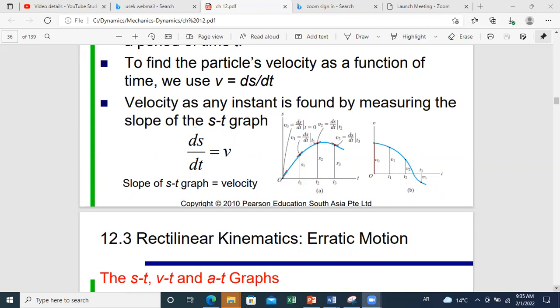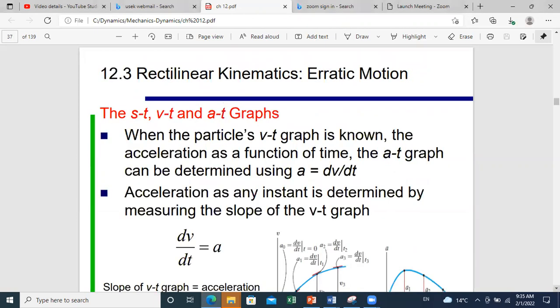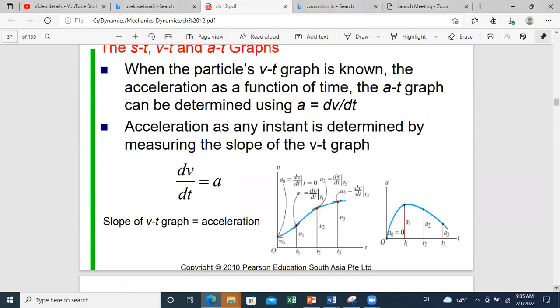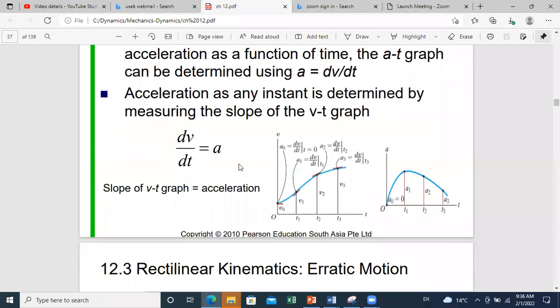Now, I can do the same between velocity and acceleration, because acceleration is also a derivative of velocity with respect to time. So if I have v as a function of t, I can deduce a as a function of t by taking several points on the graph, and at each point I can draw the tangent line. And when I draw the tangent line, I graphically determine its slope.